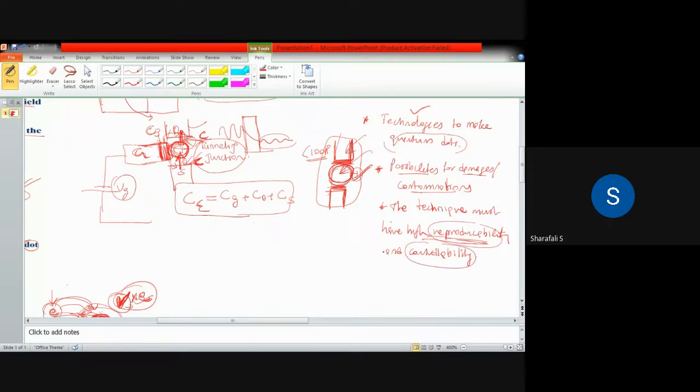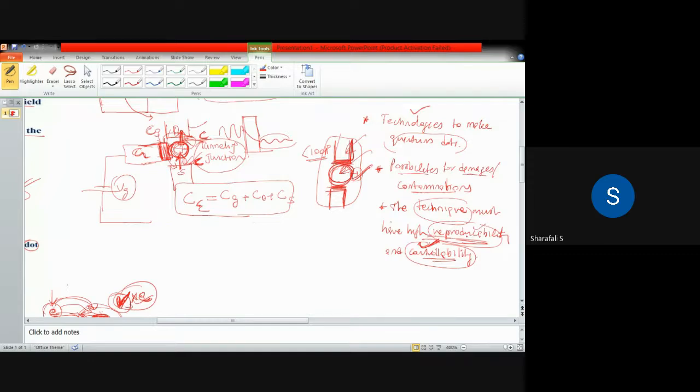We have to control the technique. It should not make any harm to the environment or to the people. Okay? We should not be making any such kind of problems to the environment or to the people. So the technique has to be controllable.